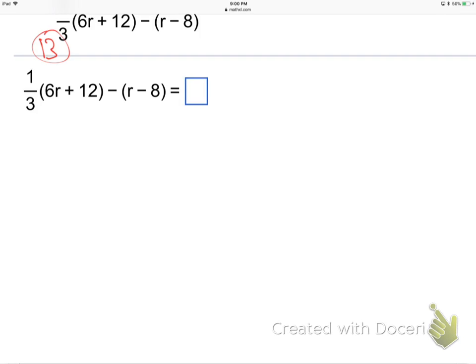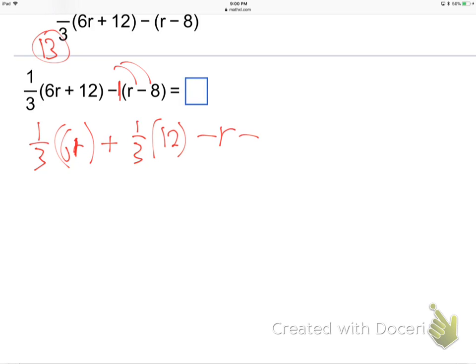With these fractions, hold on just a second. Let me finish this one up, and then I'll do roll, and we'll be out of here. That fraction needs to go to both of those, right? Let me write it out real thoroughly. The 1/3 goes there, the 1/3 goes there, and then this is a minus 1, boom, boom, minus r plus 8. Everybody get that?